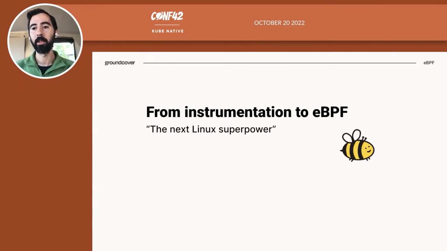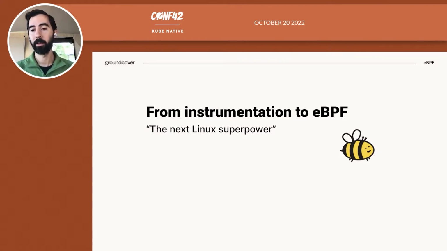It's very interesting for many different use cases, from networking to security to monitoring and observability. Basically, without going too deep, you can run complex business logic inside the Linux kernel. And that allows you, for monitoring, for example, to monitor all the applications running in user space without actually being part of the code.